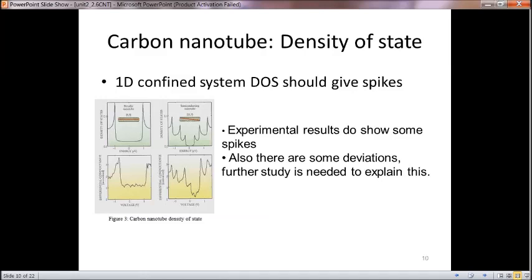So the carbon nanotube density of state is a one-dimensional thing, and so if density is higher, it reacts. With the increasing energy level, density is higher. With the decreasing energy level, the density at one particular point is having spikes, and in other places it's having some deviations.